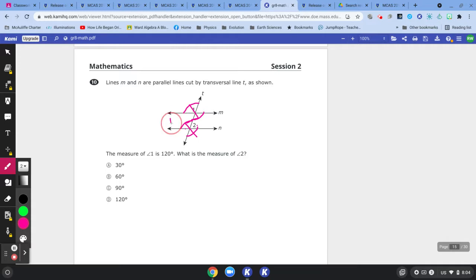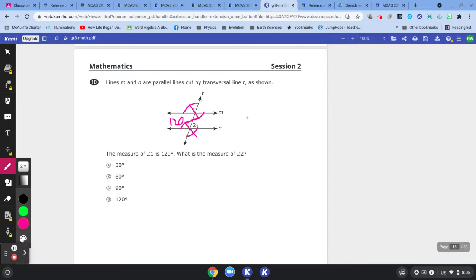So if this is 120, and admittedly I am terrible at drawing letters on a screen, that's 120. This whole thing, which includes angle 2, needs to be 180.